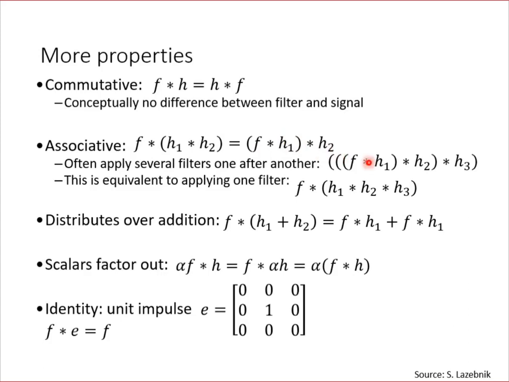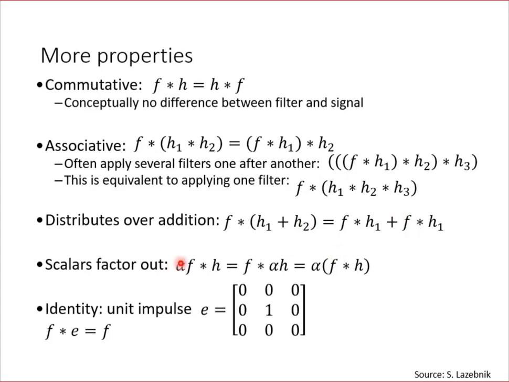So you can combine. If you have 3 filters, you can combine the 3 filters first, then apply them to the image. And then there is an addition property. This means if you have 2 filters, you can sum them up. This is very similar to the linearity.